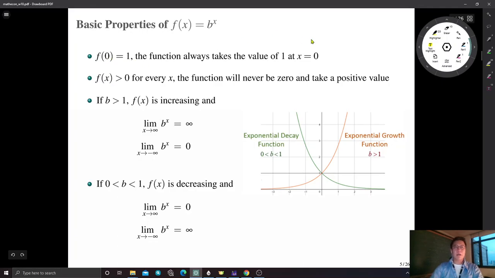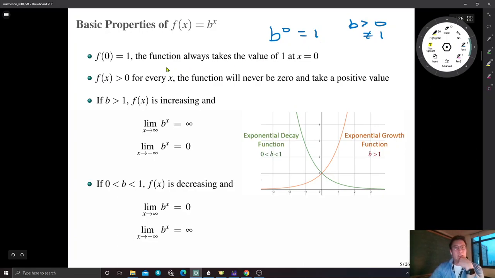So b to the power 0 is always equal to 1, no matter what the base b is. Because we already put some restrictions on the base, we focus on the case when the base b is a positive number other than 1. With this restriction on b, b to the power 0 is always equal to 1.